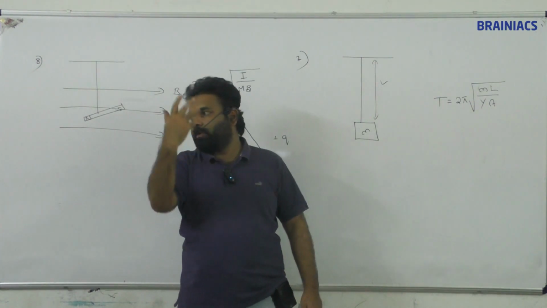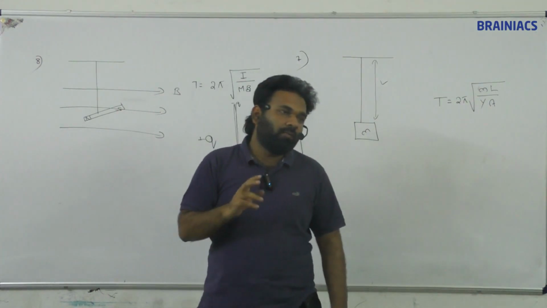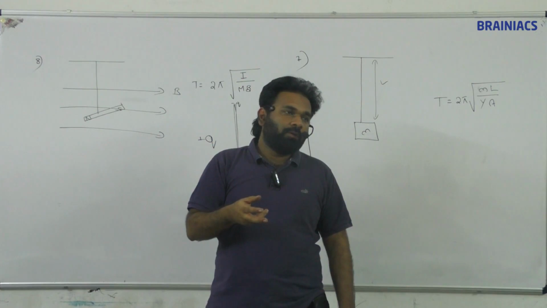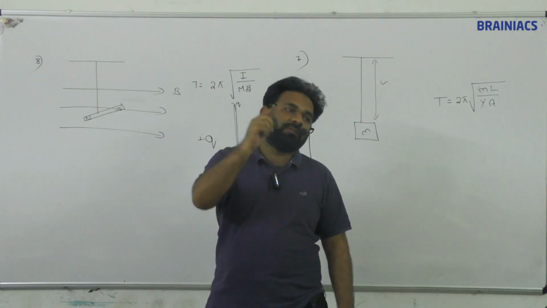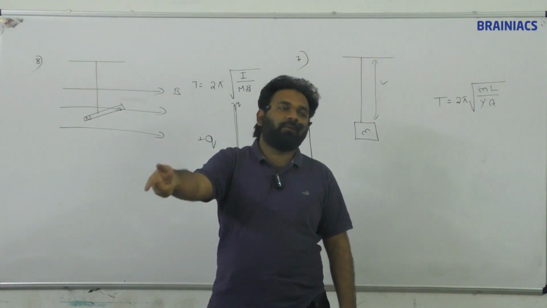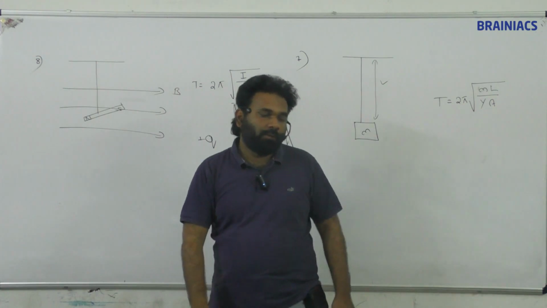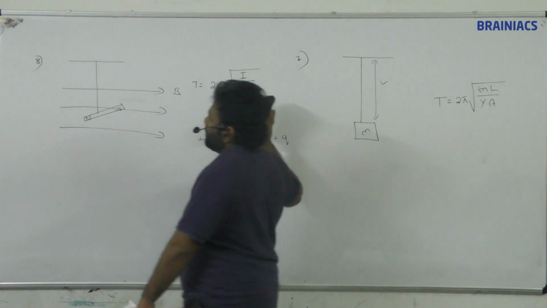So only the vertical component will be there. Using that we will be able to find the restoring force. So study this carefully, and whenever we study other chapters, wherever you get an oscillation, add it to this one. Okay, right, clear?